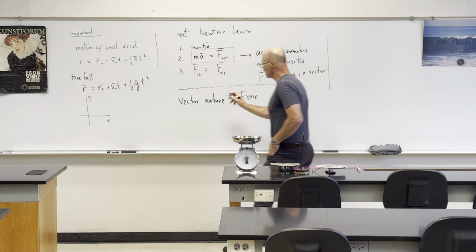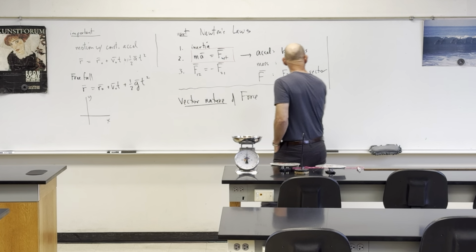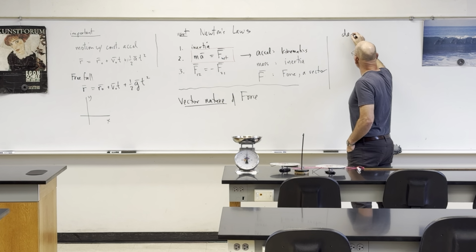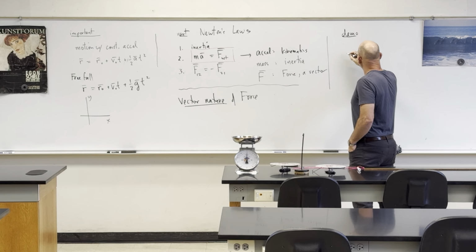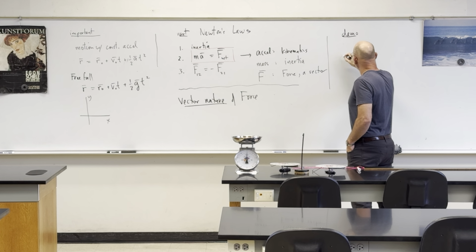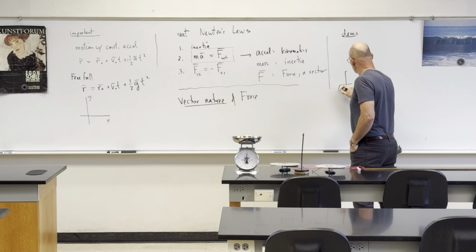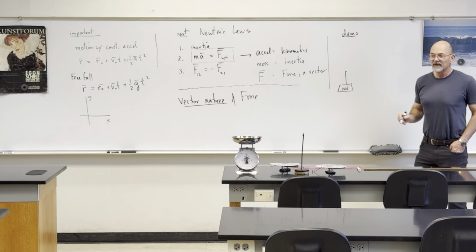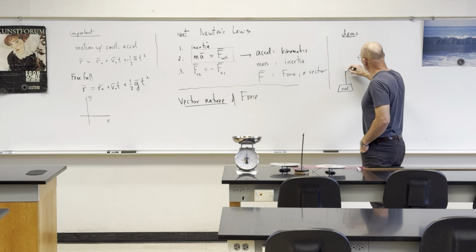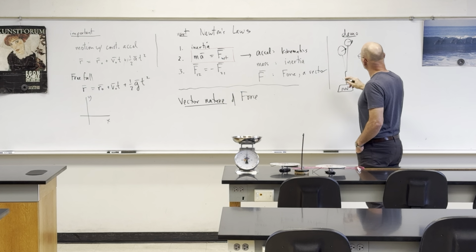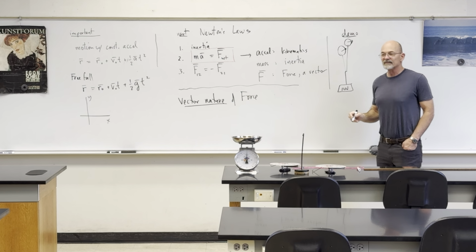But we want to look at this vector nature. So here's the idea or the demo that we're going to look at. If I have that little 10 Newton weight that I've shown you, if I have that hooked up to two scales like this, they're both going to read what?